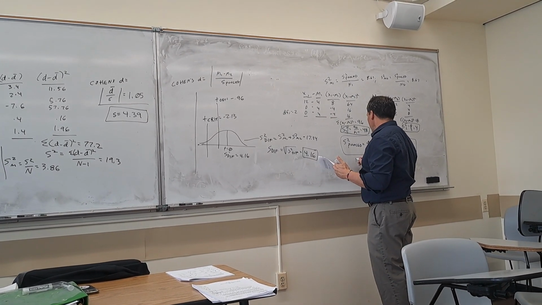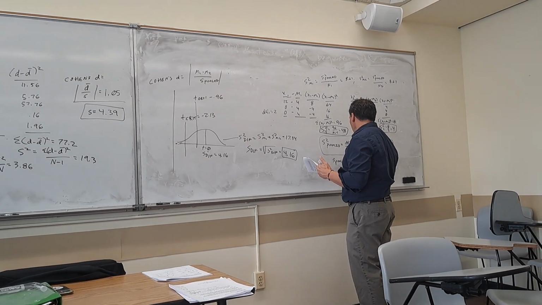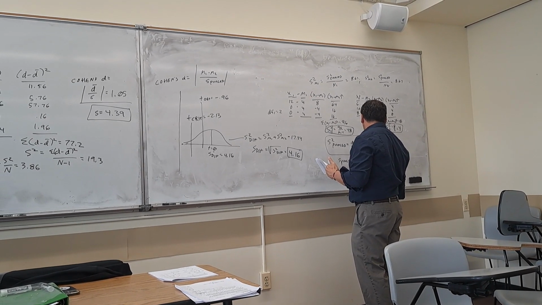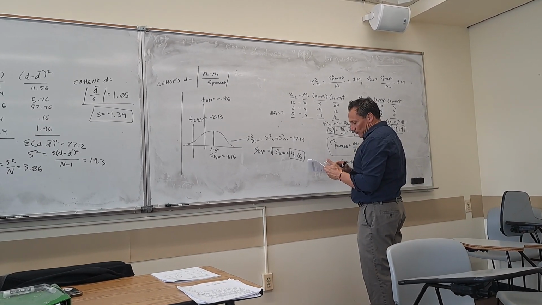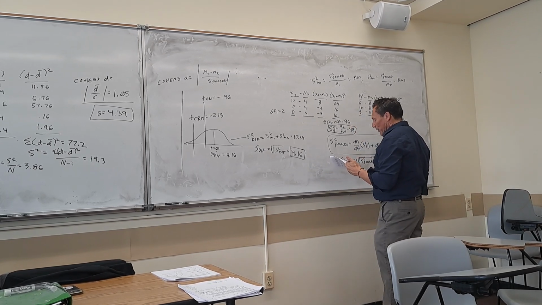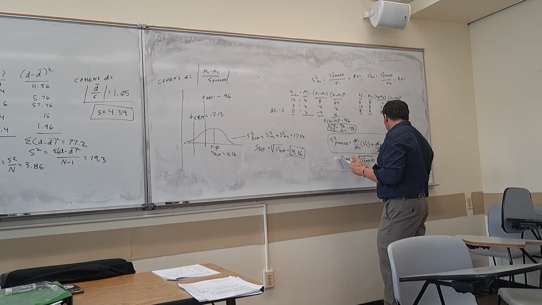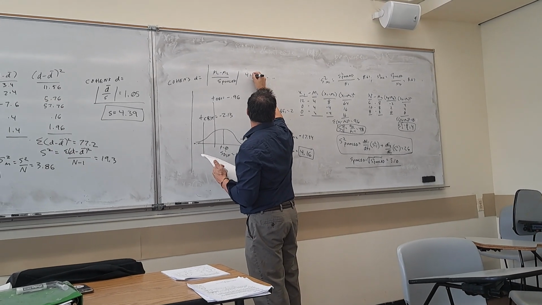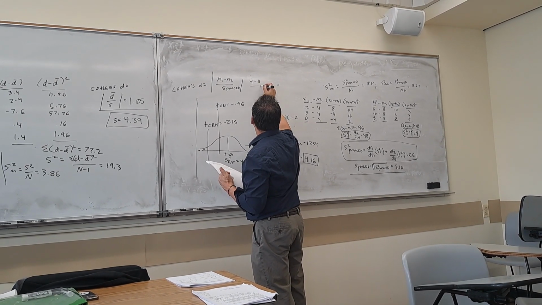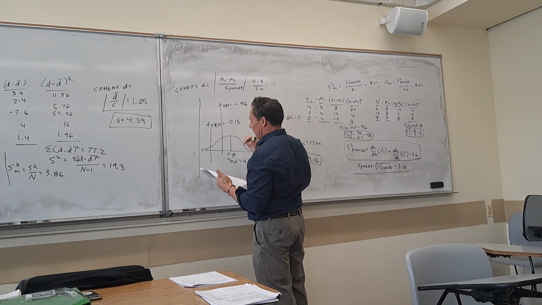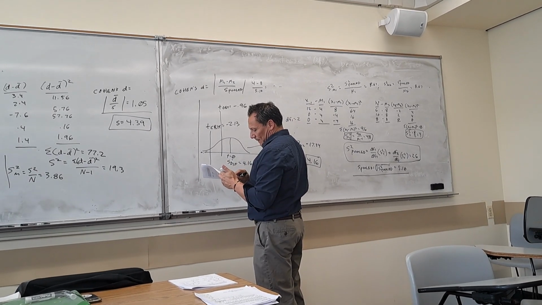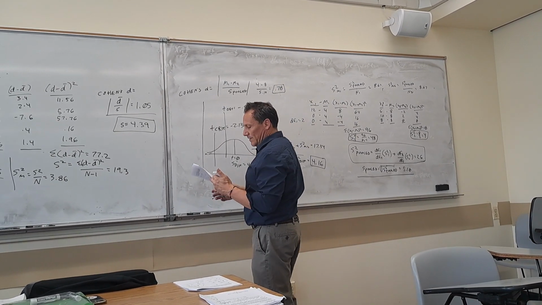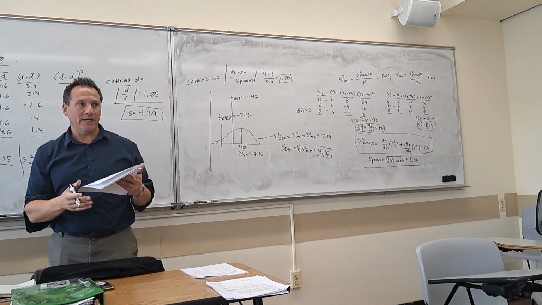So S pooled simply is the square root of S squared pooled, which is the square root of 26, which is 5.10. So this is 4 minus 8 divided by 5.10, which is 0.78. So that is the answer to question number 17, 0.78.